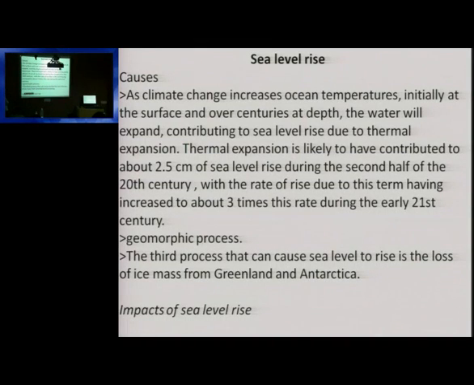Okay, now what will happen? For example, this is the asthenosphere. This is the earth crust. If there is formation of glacier in this place, there is an increase in mass. When there is an increase in mass, there will be a pressure in this direction.